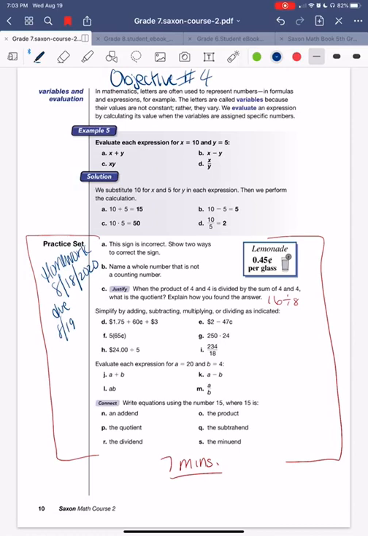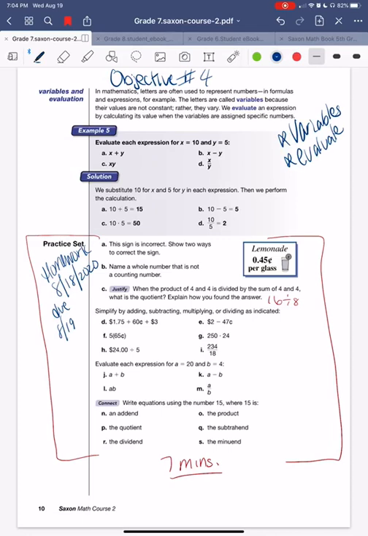So looking at these examples in mathematics, just like it says at the top, letters are often used to represent numbers. We have the words variables, and we also have the word evaluate. These are important. Letters are called variables. So X, Y, A, B, C, R, S, T, when you see those letters, those are called variables because their values are not constant.